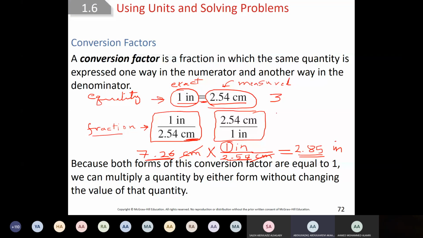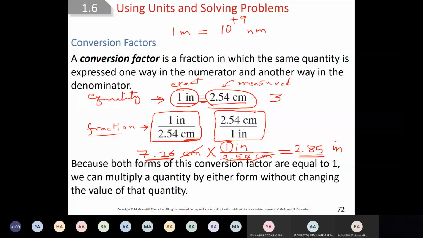We do the same thing with nano and so on. Everybody knows that 1 meter equals how many nanometers? Multiply by 10 to the power plus 9. Nano is extremely small, meter is big.